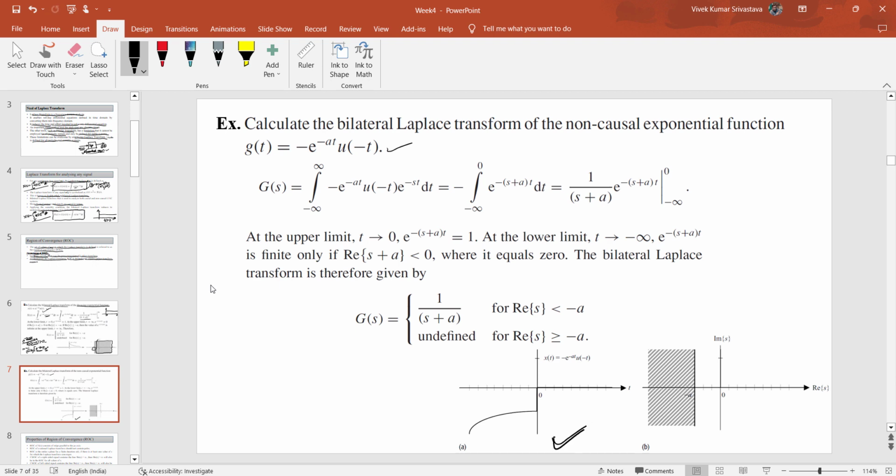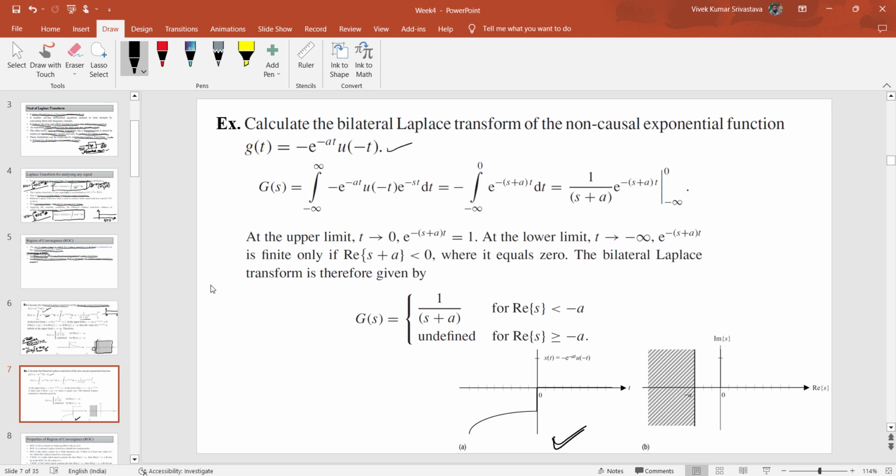This corresponds to the plot of g of t equals minus e raised to the power minus at into u of minus t. Now let us evaluate the Laplace transform for this signal.